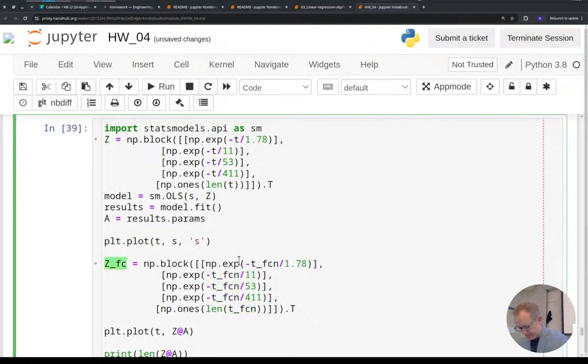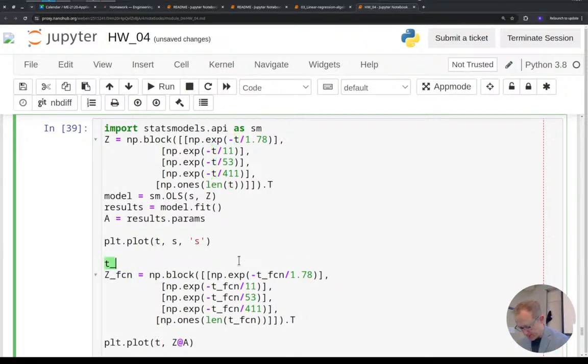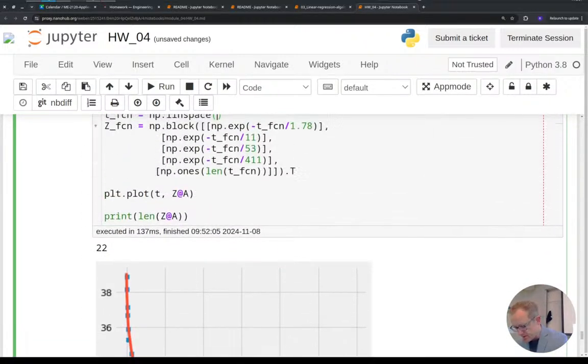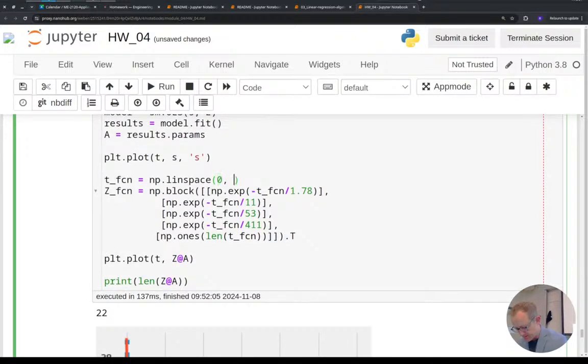So my Z function is going to be whatever that T function happens to be. And we're going from 0 to 600. I'm going to say 51 data points, so every 600 over 50, it's going to evaluate at each of those points.